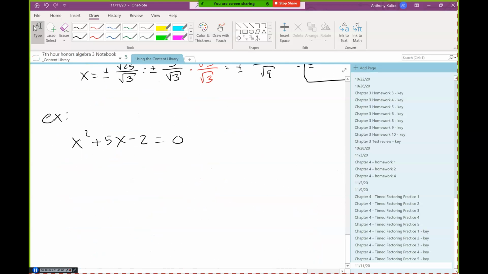So the first thing I would need to do is make sure the leading coefficient is 1. It already is 1, so no problem there. And then we're going to add b over 2 squared and then subtract b over 2 squared, right together like that.